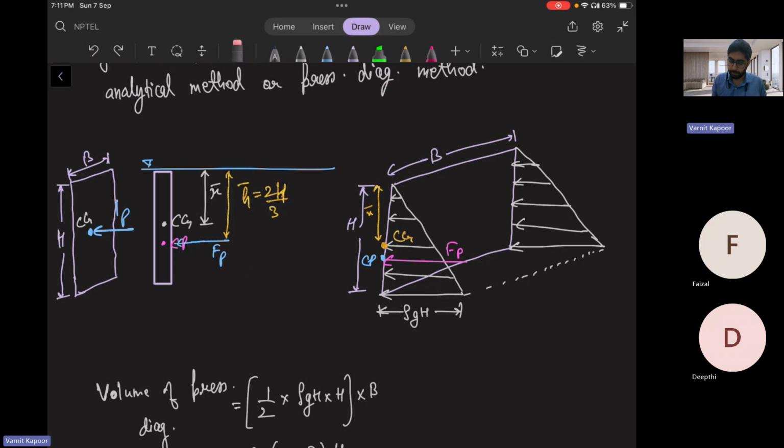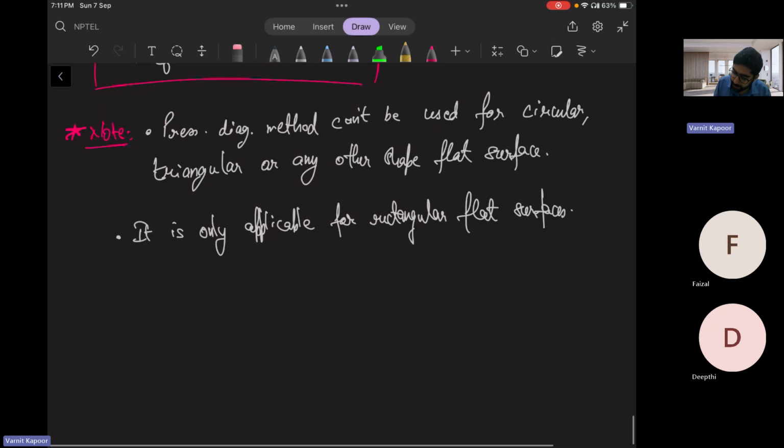So I'll find the pressure force at the center of gravity, Fg, and then multiply with the area.